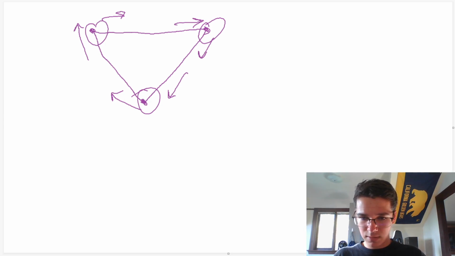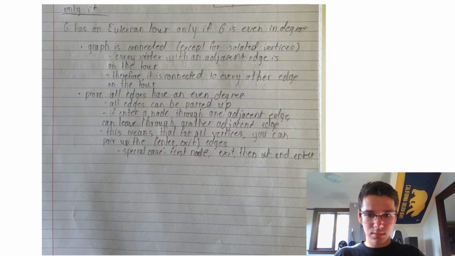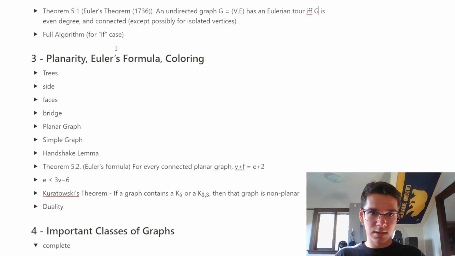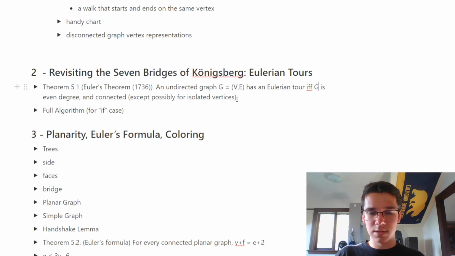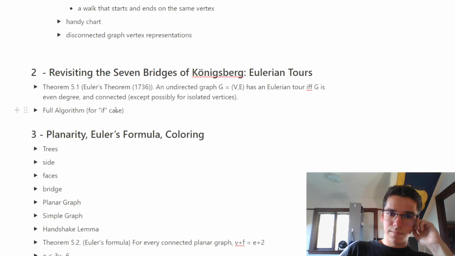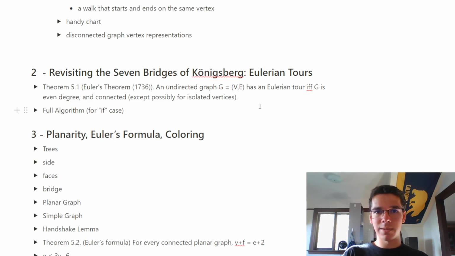So we're going to switch back over to the notes and get into some of the more interesting stuff when it comes to this algorithm. That was the direction where we assumed that we can perform an Eulerian tour, showing that it must have even degree.